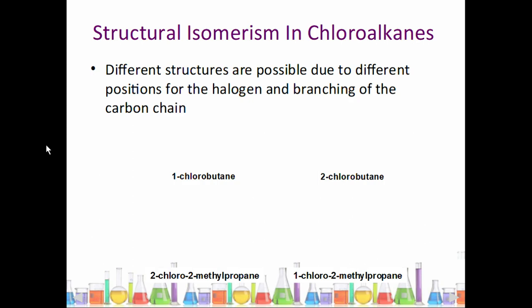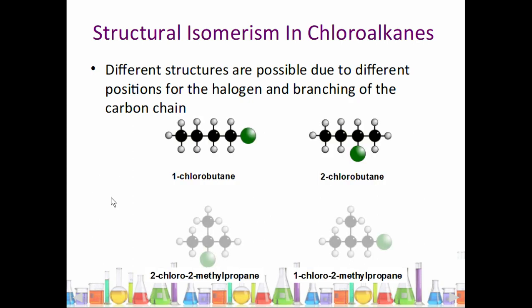Structural isomerism in chloroalkanes. So again, in regular alkanes, we looked at isomers of butane and pentane. You need to know those for alkanes, and you also need to be aware of them for chloroalkanes. So here, if we look at these molecules, you can see they all have 4 carbons. They all have 9 hydrogens and they all have 1 chlorine.